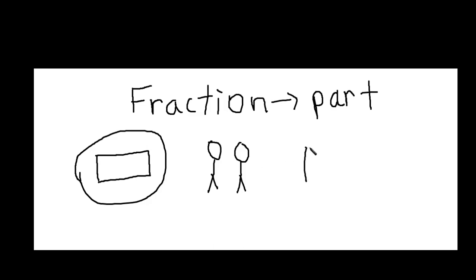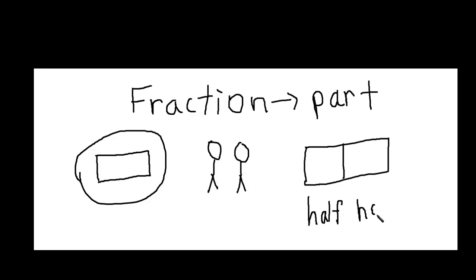So I don't get to eat my whole candy bar. Instead, I'm going to split it in half. We are each going to get a half. I have half, and my friend has half. We each have a part.